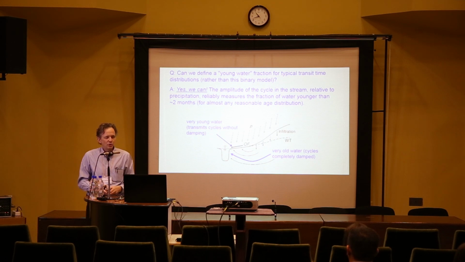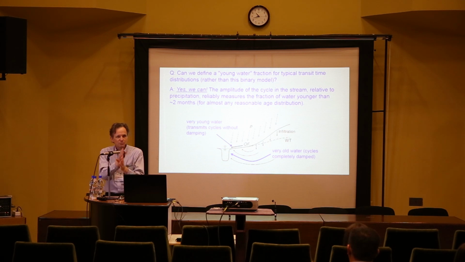So it turns out that you can extend that very simple model to a very wide range of age distributions. And you can show that the amplitude of the seasonal cycle in the stream relative to precipitation does not reliably tell you what the mean transit time is, but it does tell you reliably what the fraction of that water is that's less than about 2 months.